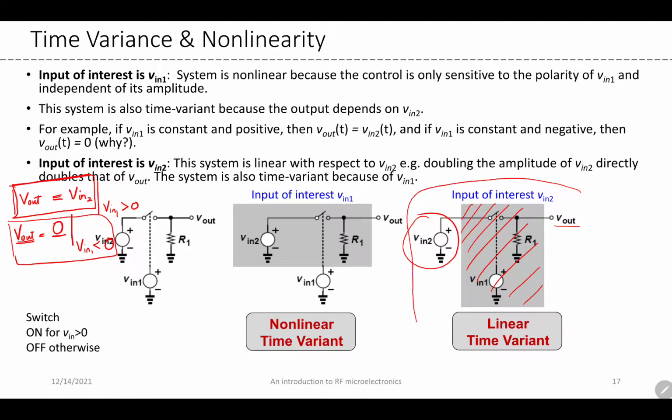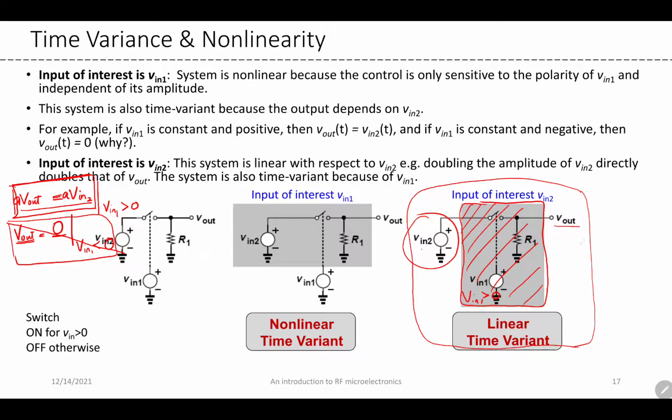This scenario only applies to the case where V in 1 is greater than 0, because only in that case can we talk about V in 2 and V out, right? So this case does not apply, and in this case it is obviously linear, because if you scale V in 2, V out also scales by the same magnitude. So this system is linear.